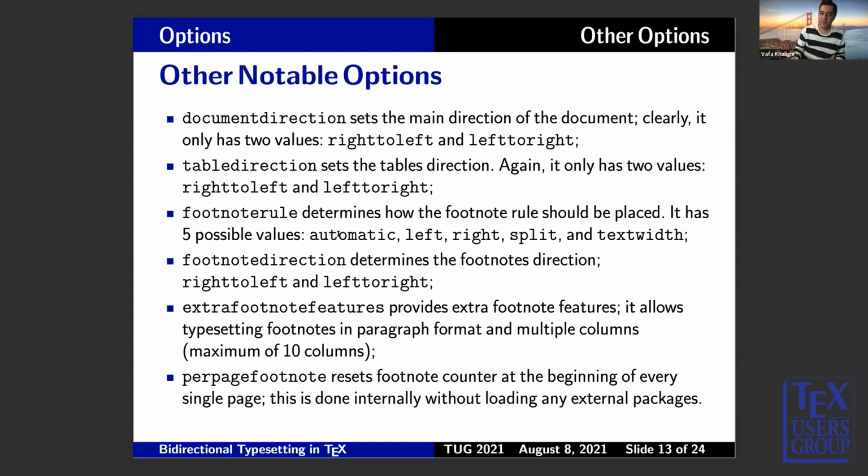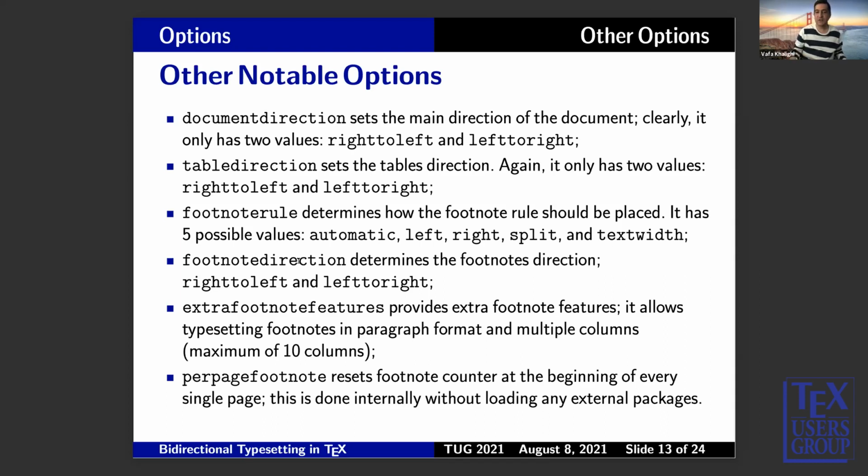But if the first footnote is a left to right one, then you have to typeset the footnote rule on the left-hand side. When I say you, I mean the bidi package. So the bidi package does this automatically, or let's say more explicitly, TeX actually does this, not the bidi package. The bidi package just sends low-level instructions to TeX.